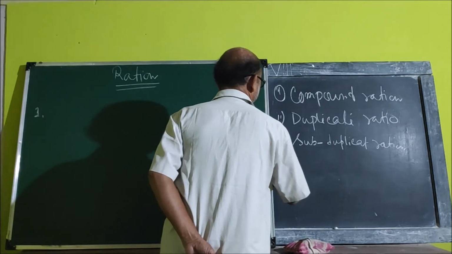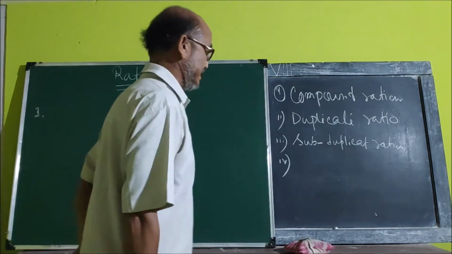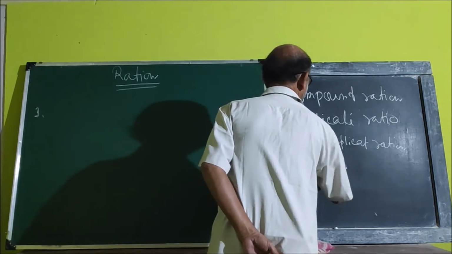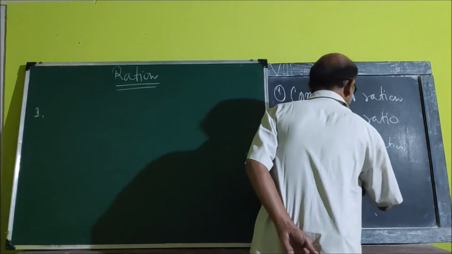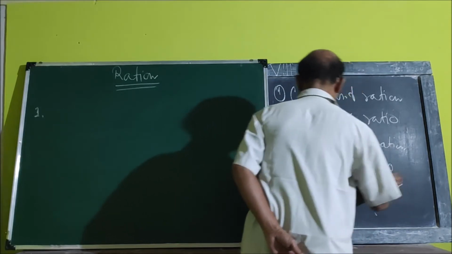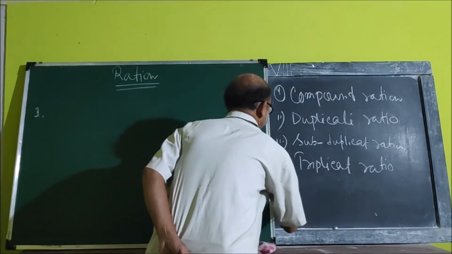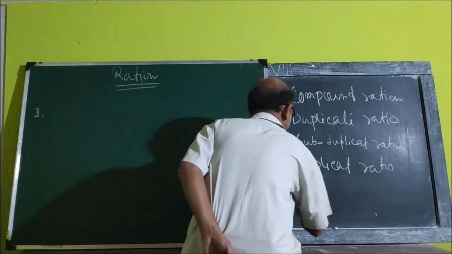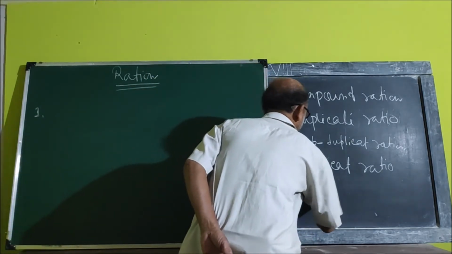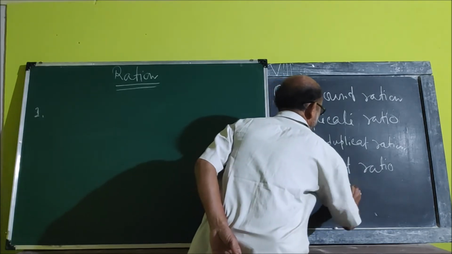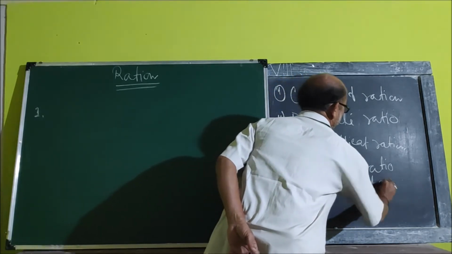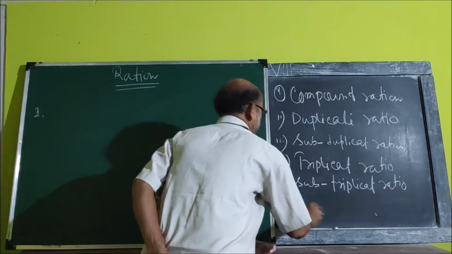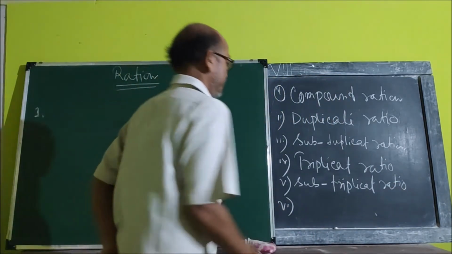Number 4, triplicate ratio. Number 5, subtriplicate ratio. Number 6, reciprocal ratio.